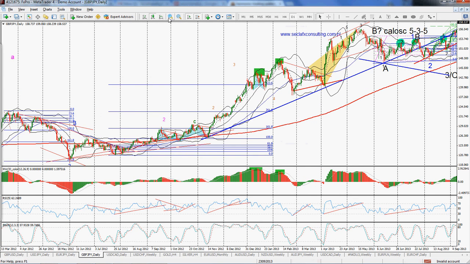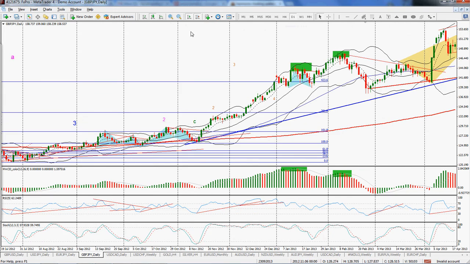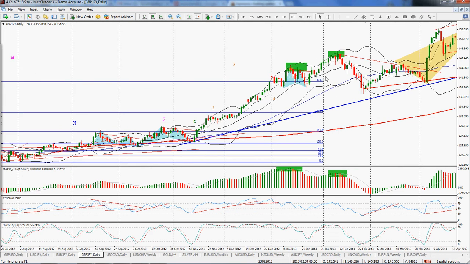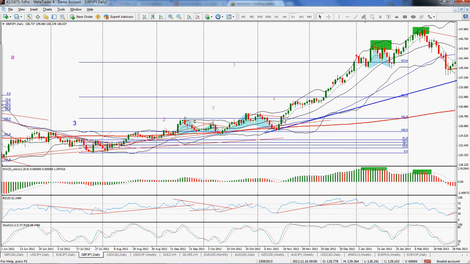Okay, let's look closer at them. In this case, I connected the tops, so I had a resistance line. There's another example, and as this resistance line was broken, you could have entered into a long position, and that could give you also a very nice trade.